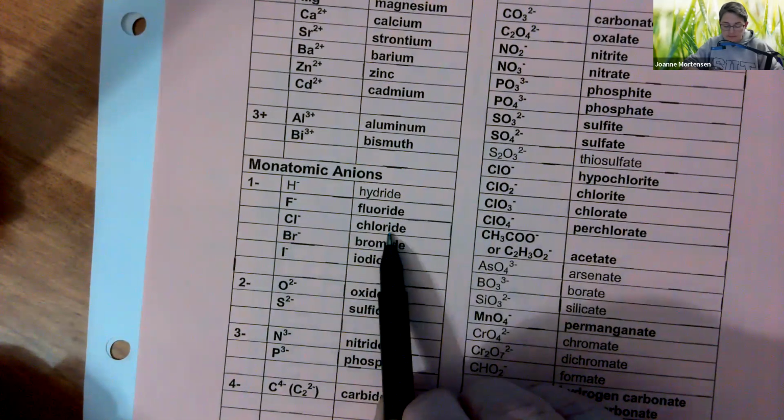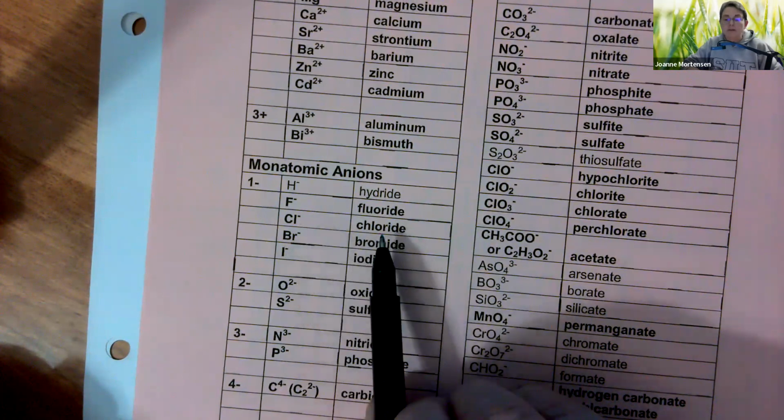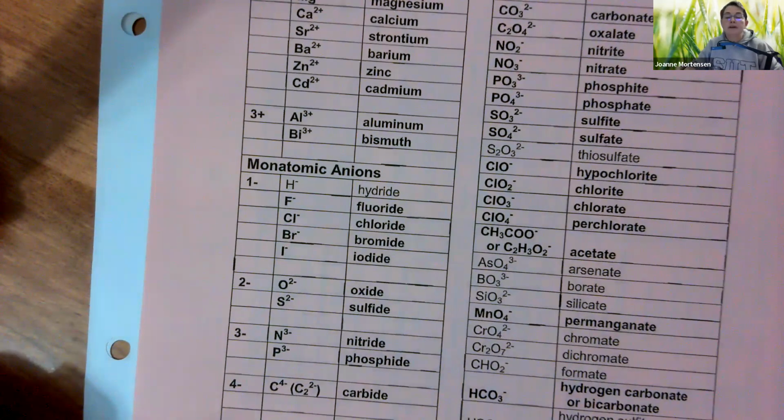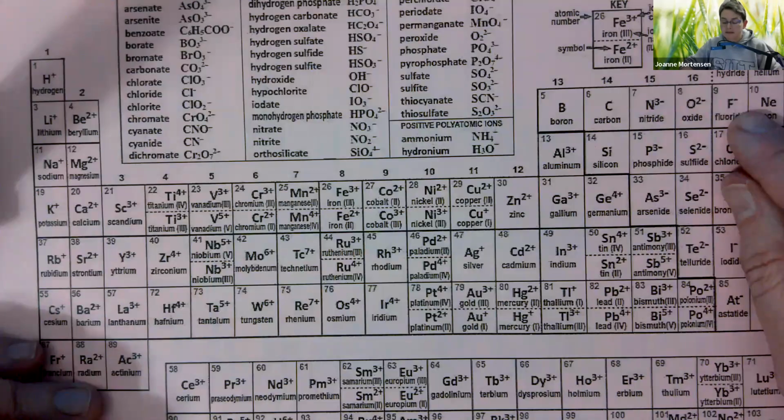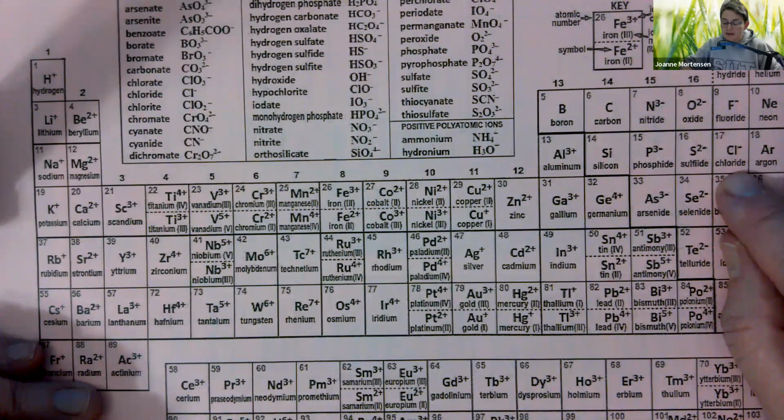There's a Cl-. You can look on the back, or you could look on your periodic table, look up chlorine, find out it's number 17, figure out where it is in the periodic table, and ta-da, it's there.